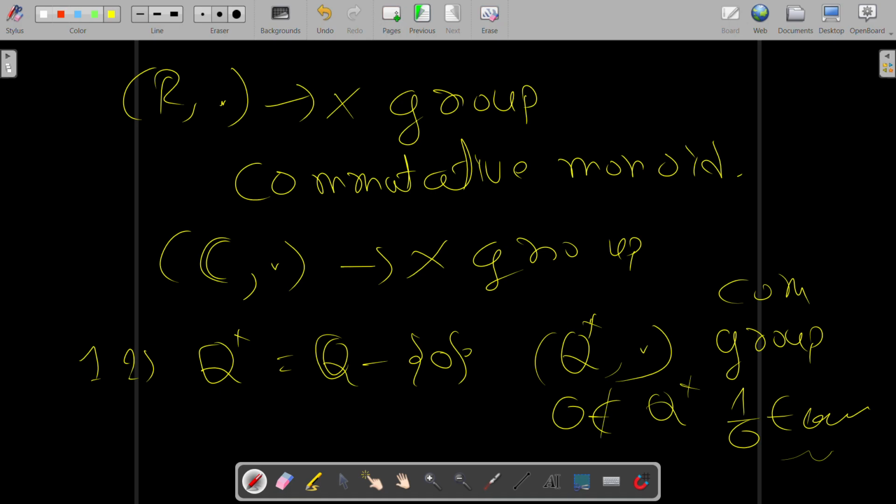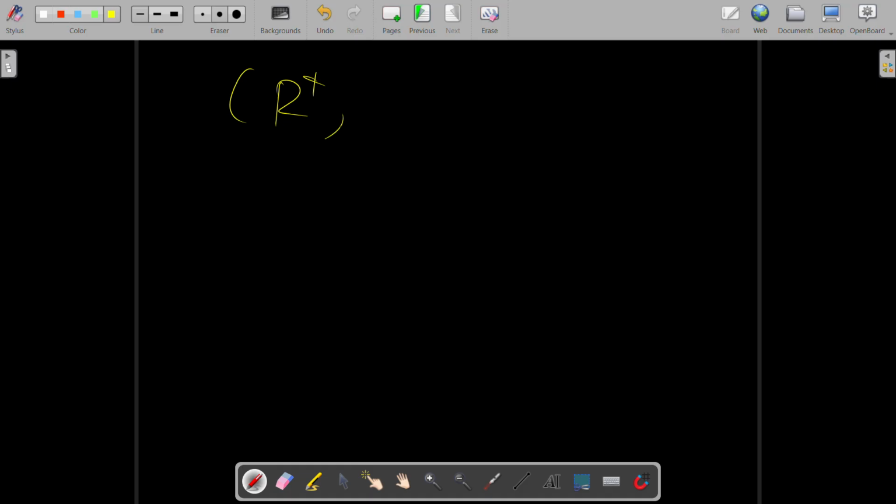In the same way, R star under the operation multiplication also forms a group. C star under the operation multiplication forms a commutative group. Both form commutative groups, where R star is equal to R minus 0.